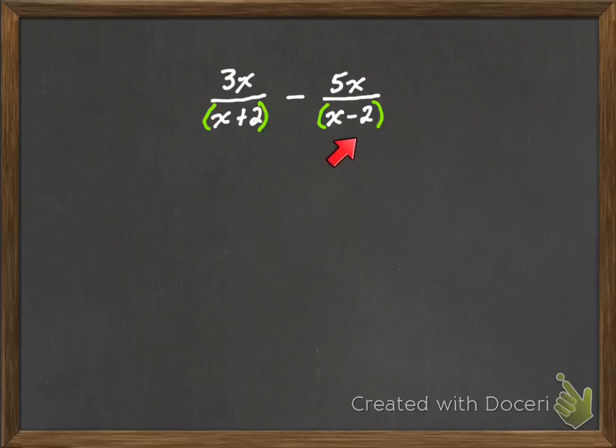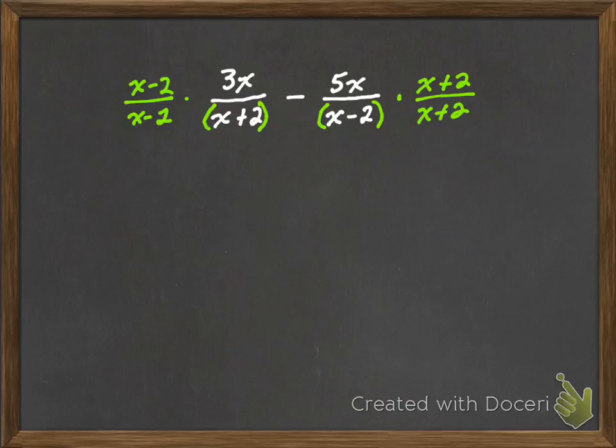And this one has an x minus 2, which means that's what we are going to be multiplying by, x minus 2 over x minus 2. Now this denominator had an x plus 2 and this one did not. Therefore that is what we are going to multiply this one by, x plus 2.